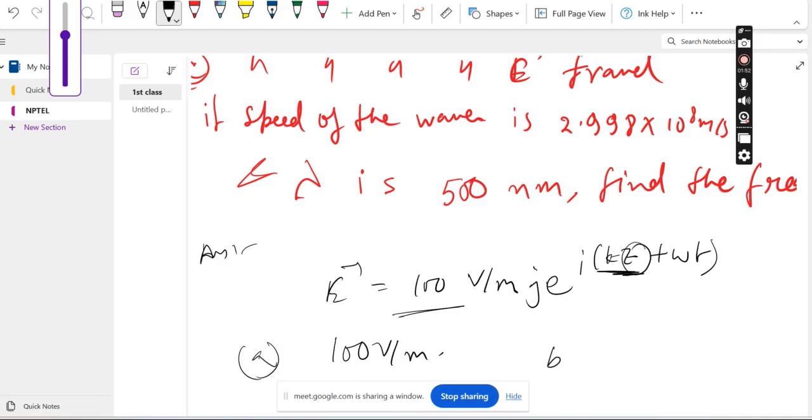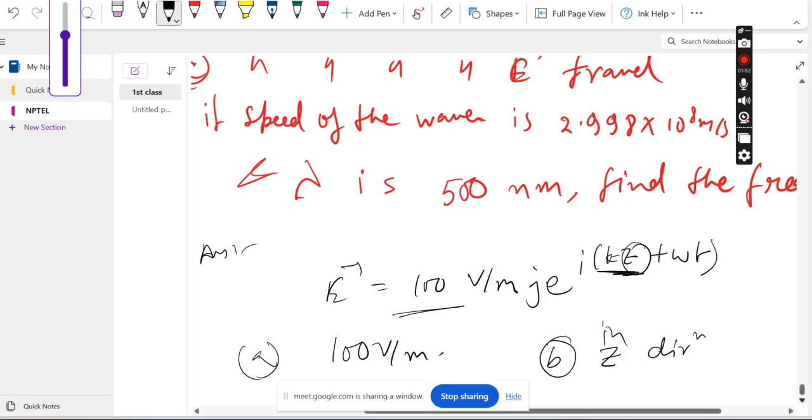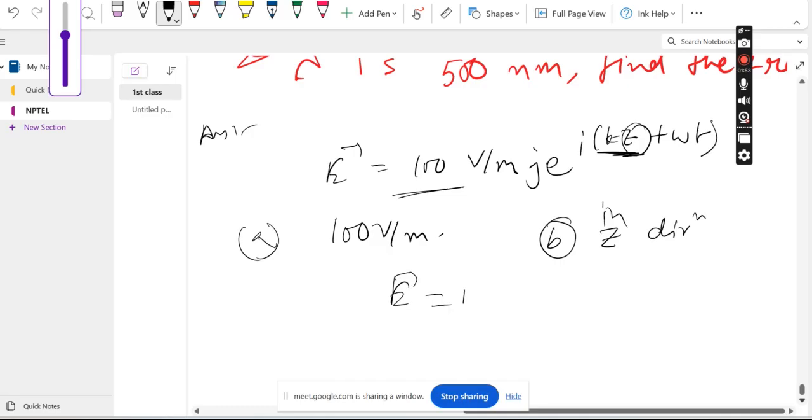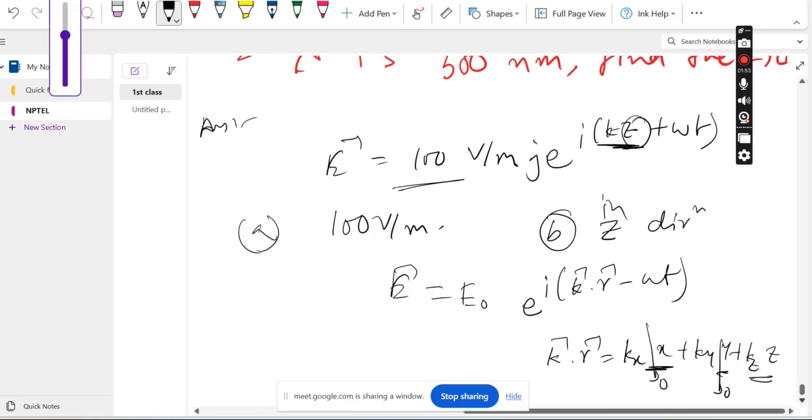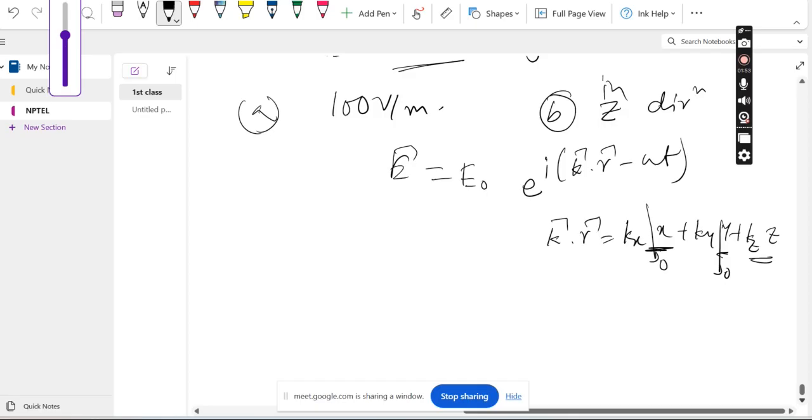So it is in the z direction that the wave travels basically, because it can be written as E naught e to the power i(k dot r minus omega t), so k dot r is equal to kx x plus ky y plus kz z. So we don't have any x or y here, and it comes as z because it is traveling in the z direction.